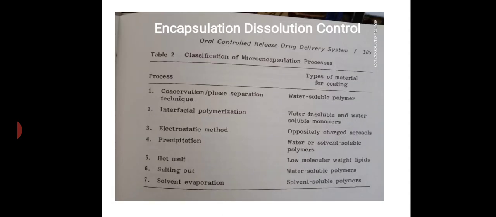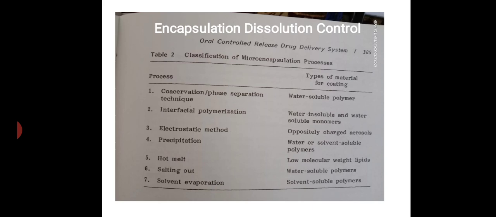You know what is micro encapsulation. Micro encapsulation has various techniques to perform the encapsulation, where tiny drug molecules are coated, or the drug molecules are encapsulated inside a polymeric membrane, or incorporated inside a polymeric membrane. This we call micro encapsulation.